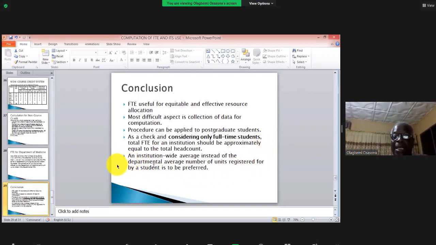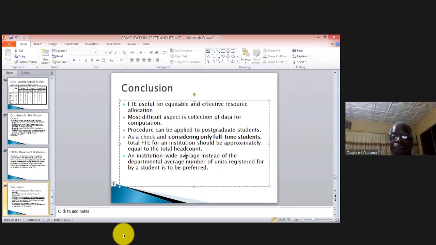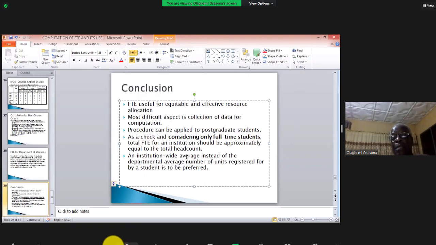The FTE is useful and you can use it when you want to get the average. When you want to get the total FTE to be approximately equal to the head count, it's better to apply the university average number of units registered.